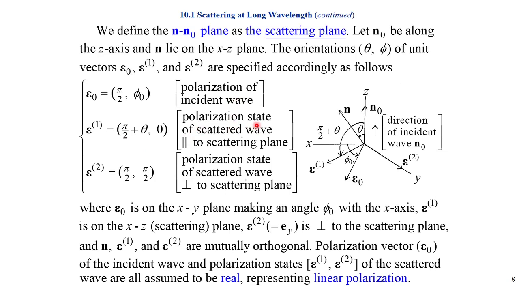In this case, it is parallel to the scattering plane. This is the scattering plane, the xz plane, and this polarization happens to be in the xz plane. And this is another polarization state of the scattered wave, perpendicular to the scattering plane. The scattering plane is the xz plane.